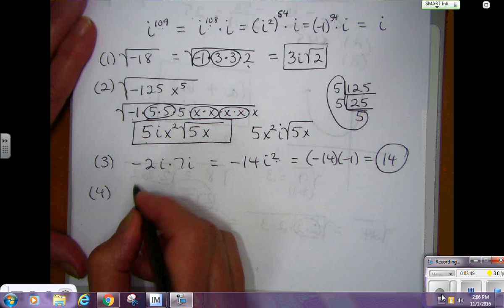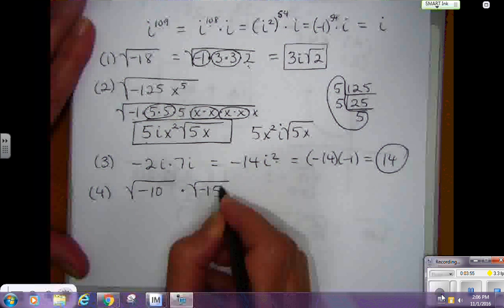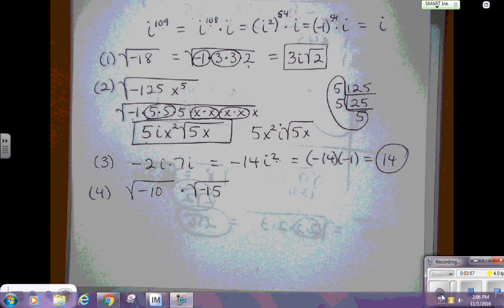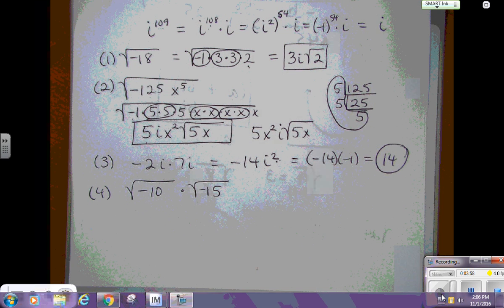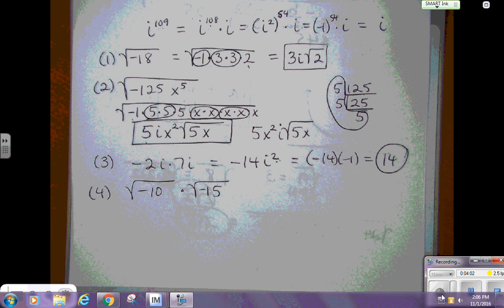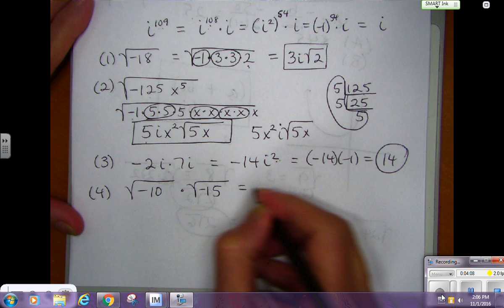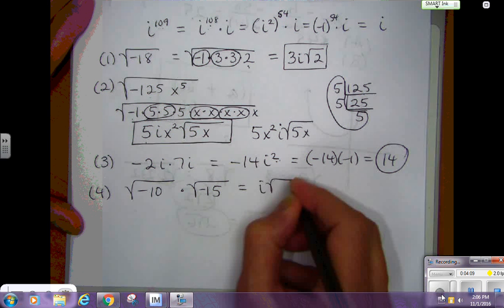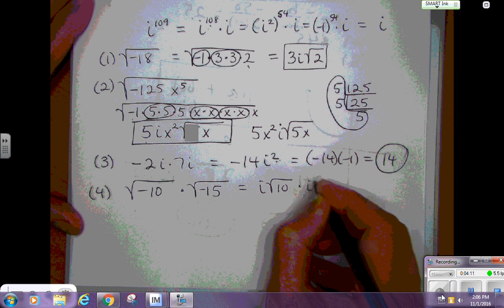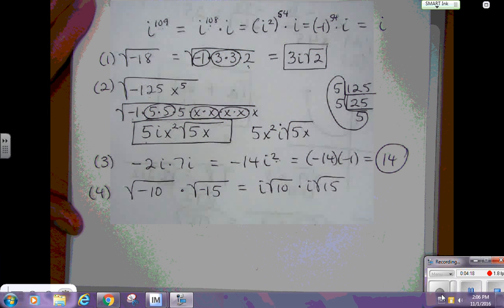Square root of negative 10 times square root of negative 15. Okay, so we are not going to multiply the negative 10 and negative 15 together first. We have to take the i's out before we do anything like that, or you'll get the answer wrong. So I'm going to rewrite this with the i's outside the roots. And now I can write the factors for 10 and 15 underneath one radical. So it'll look like this.